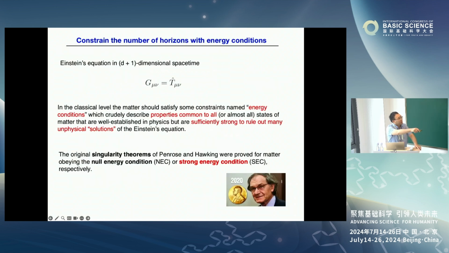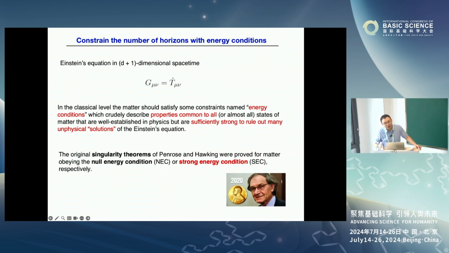So here let's begin with the Einstein equation. This Einstein tensor is sourced by the stress tensor for the matter field. So we should impose some constraint on this matter contribution. Because at the classical level, matter should satisfy some constraints.